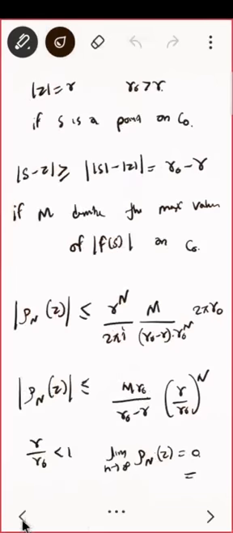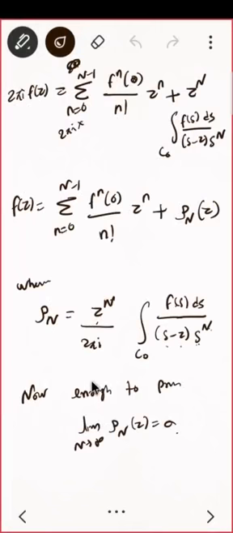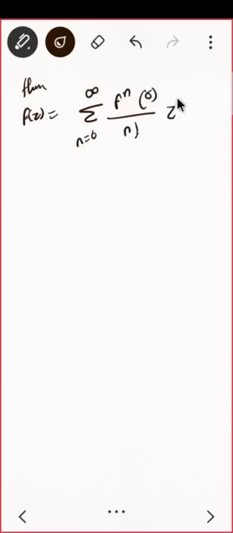Hence f of z is the summation n equal to 0 to infinity of f nth derivative at 0 upon n factorial into z raised to n, correct? This is what we proved. So we have proved the Maclaurin series.